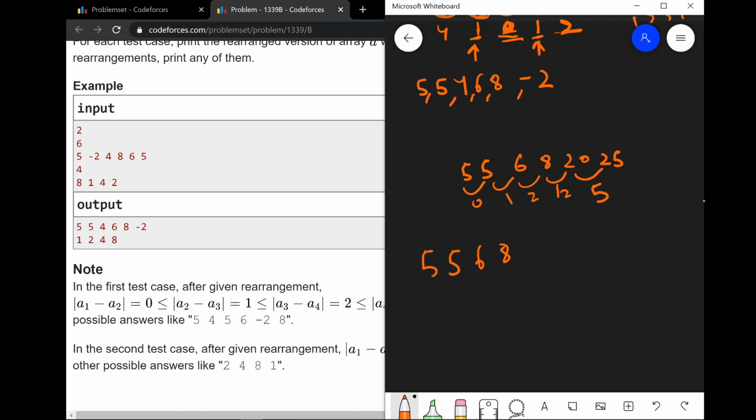This much is clear. But the next number which we choose, so if we are here, the distance between this is always greater than this. Alright.